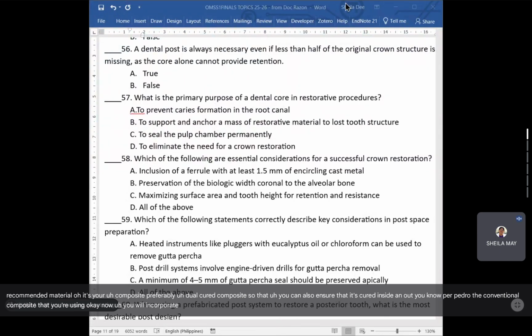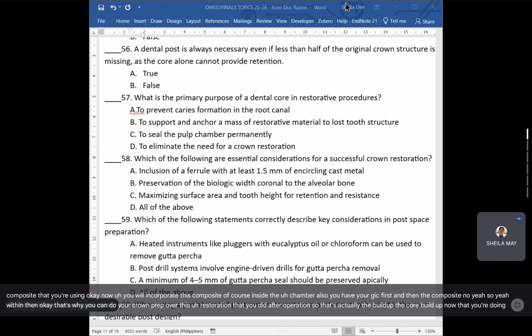You will incorporate this composite inside the chamber also. Kaya nga you have your GIC first and then the composite. That's why you can do your crown prep over this restoration that you did after obturation, di ba? Because that's actually the core build up that you're doing.